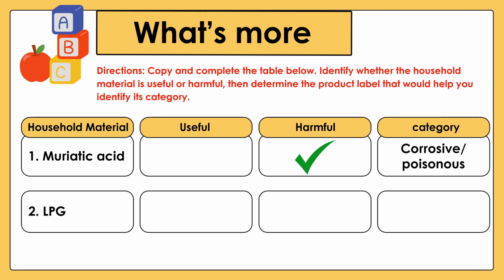Next, number 2, we have LPG. Is it useful or harmful? The answer is harmful, and its category is flammable. Number 3, paper cups. Is it useful or harmful? The correct answer is useful, and its category is recyclable.